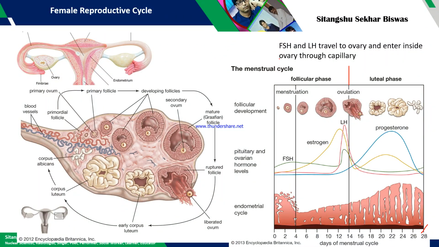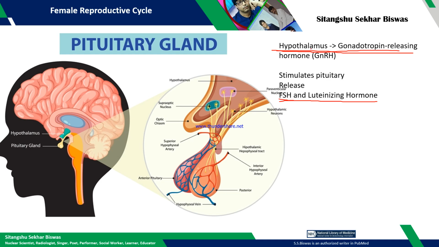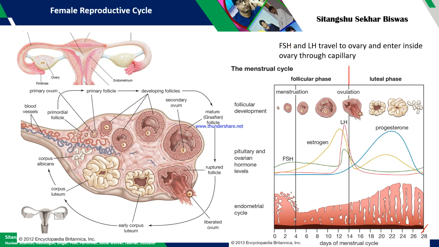As I told in the earlier slide, once the GnRH is triggered, the anterior pituitary will release this follicle stimulating hormone and luteinizing hormone, and that will travel through the bloodstream.